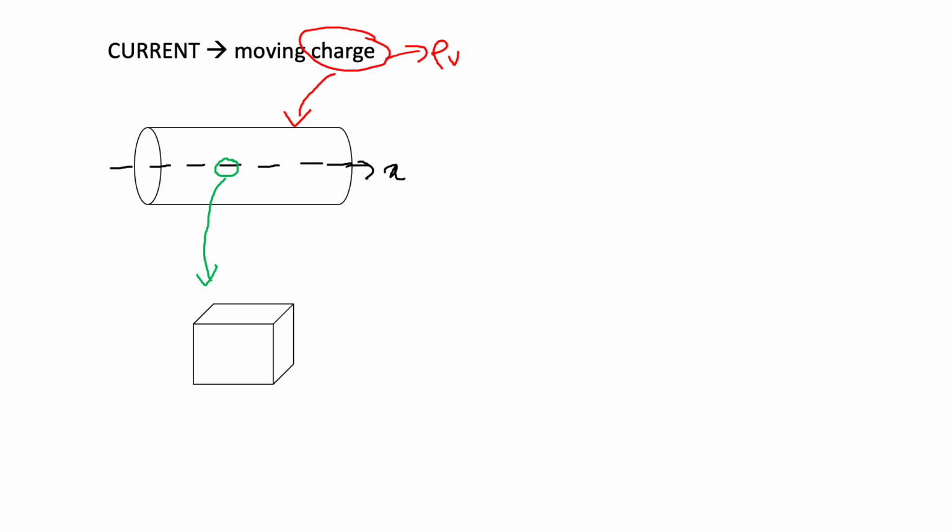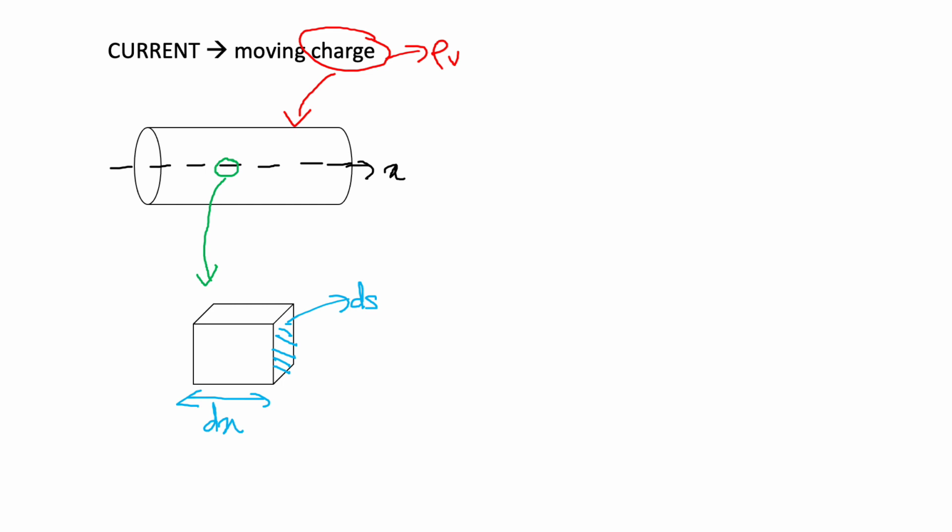To relate this box to the actual axis, I label this as dx, because we have a structure in the x direction, and this one is ds.